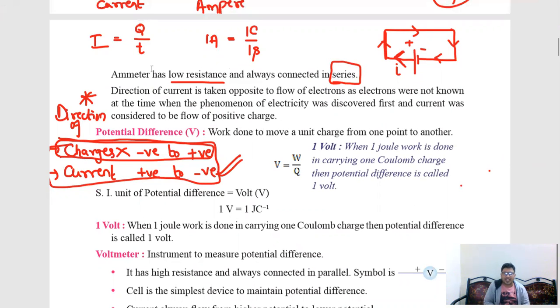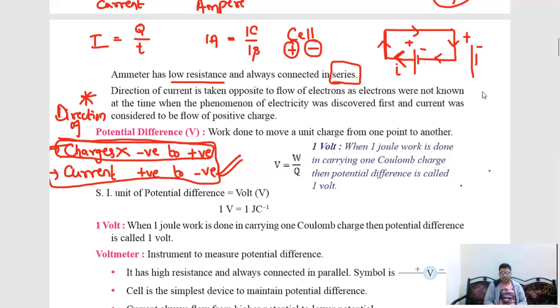In very simple words, guys, in a cell there will be one positive terminal and one negative terminal. The positive terminal will have high strength, high potential. The negative terminal will have the least strength and least potential. That is why in the symbol of a cell, positive is always represented with the bigger line and negative with the small line, because positive has greater potential and negative has least potential.